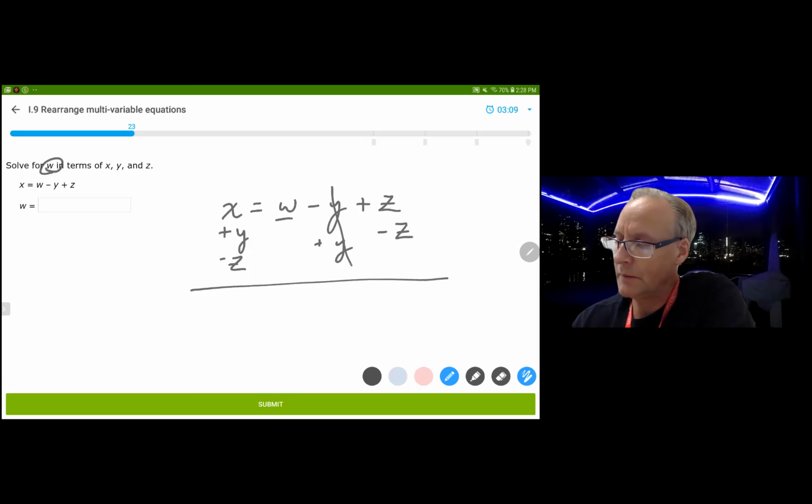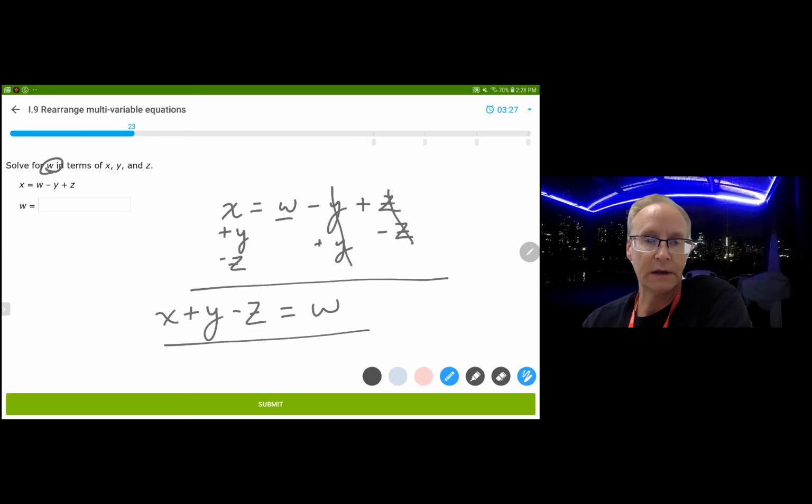I'm going to go ahead and subtract the Z at the same time. And the negative Y plus Y is 0. Z minus Z is 0. And we have W all alone on the right here. And on the left, we have X plus Y minus Z. Now, the reason you're going to want to watch this is because you'll notice that there's a little bit of space between the subtraction and the Y and the Z. If you don't put the space, the IXL counts it wrong.